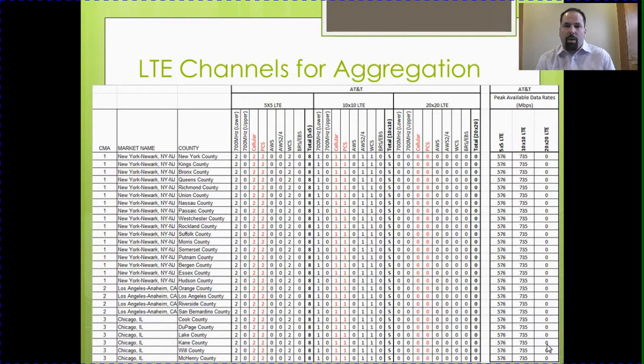So as they begin to do spectrum trades to make larger and larger channels, it will reflect here, and then on the far right you'll begin to see total average data rates. So it's really the best measurement of the macro network throughput that each carrier could essentially operate on in their market, utilizing all of their available spectrum.